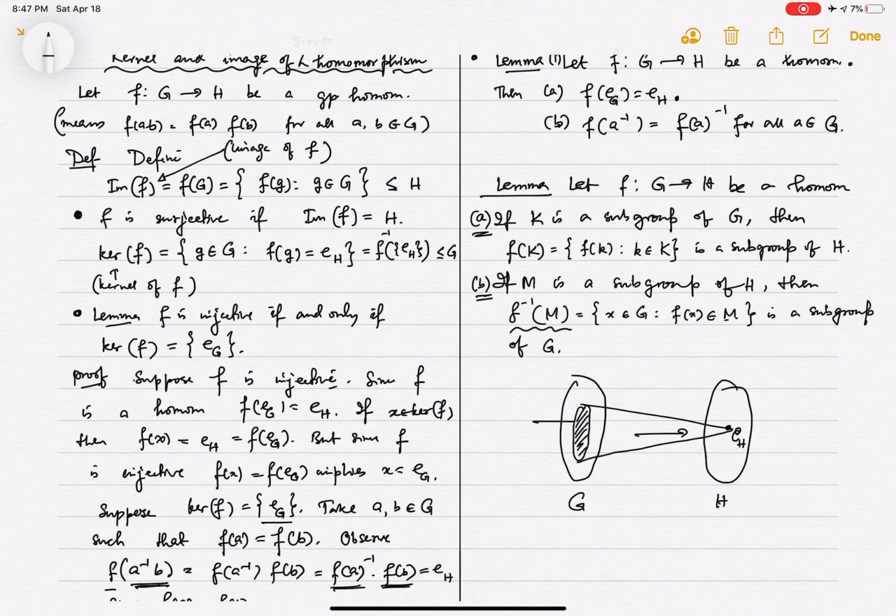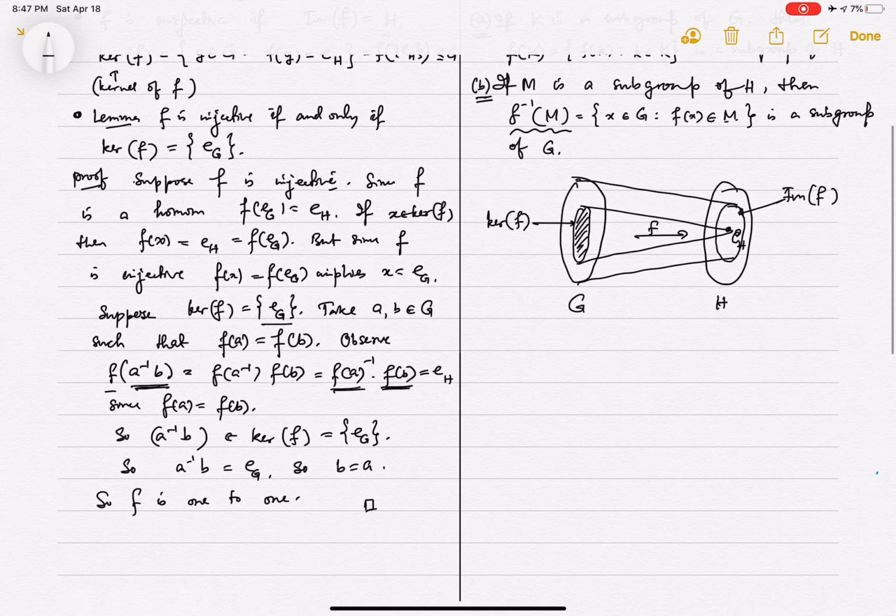That's a subgroup of G that's called the kernel of f. On the other hand, you could take everything in G and apply f to them, and then what you get on the right hand side is called the image of f, because it's the shadow of G under f, so to say. All right, let me give some examples.